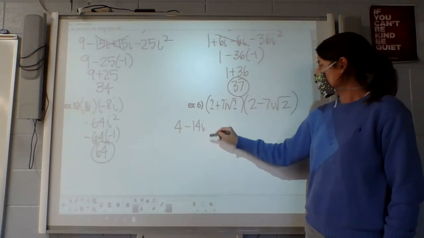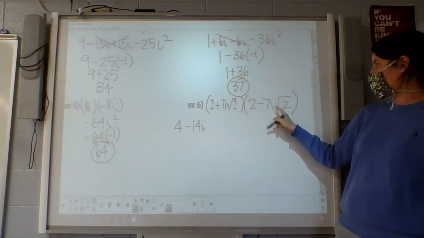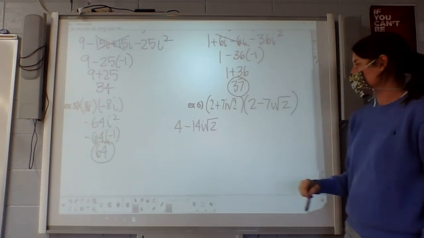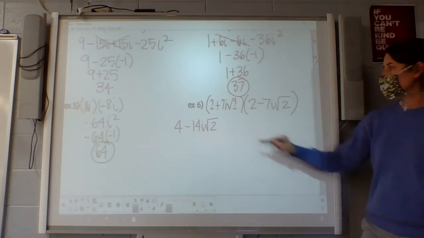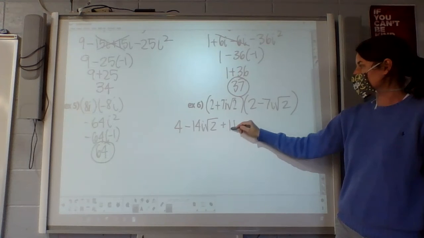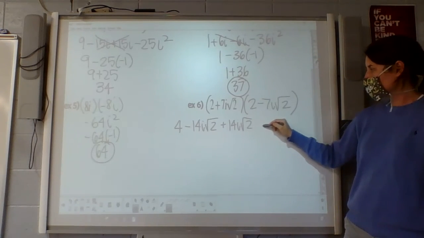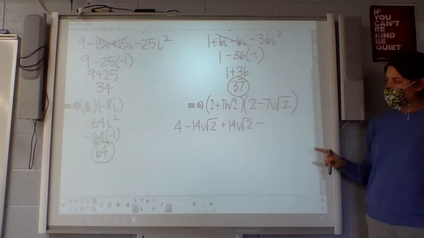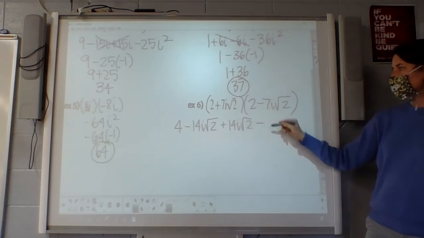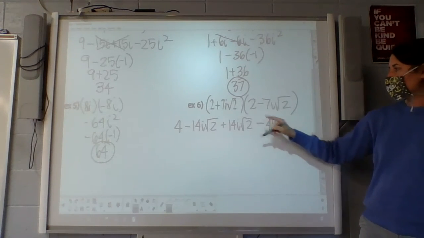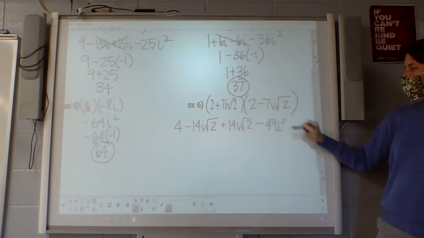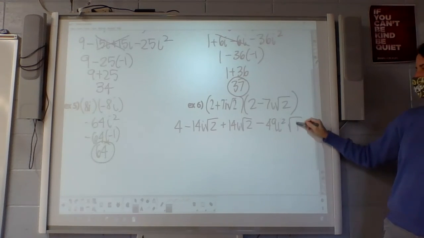So it's 2 times 7i square root 2. And then the last term is probably tough. It's 7 times 7 is 49. i times i is i squared. And then square root of 2 times square root of 2 is square root of 4.